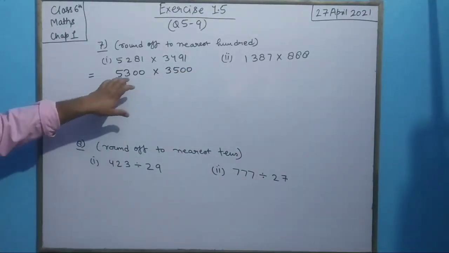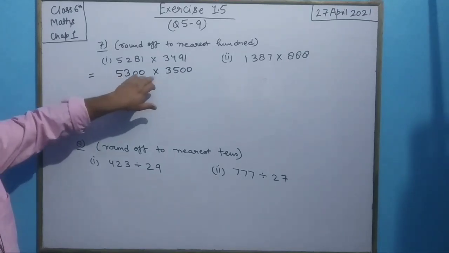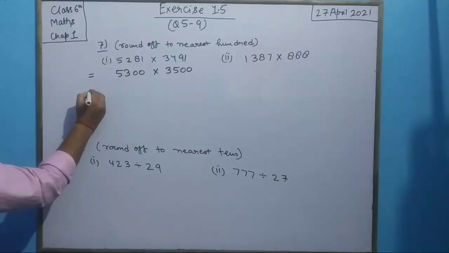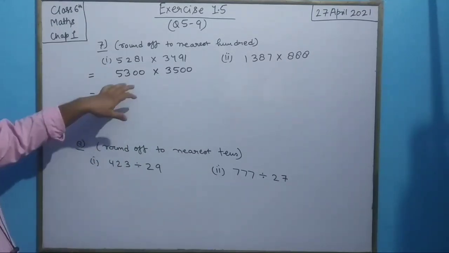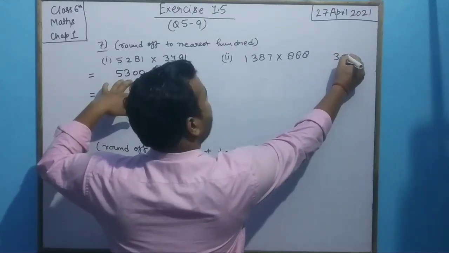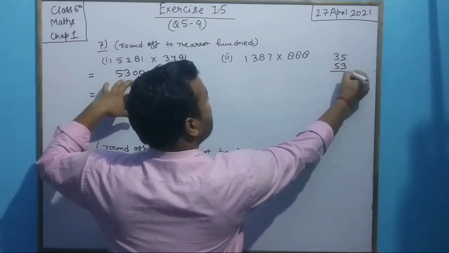Now here it is 5300 into 3500. Now just multiply them. Here I am multiplying it. It is 35 into 53.